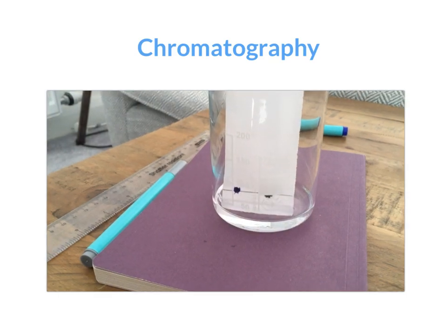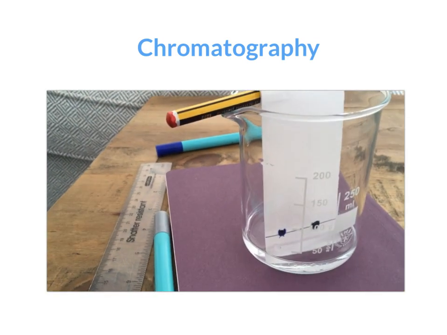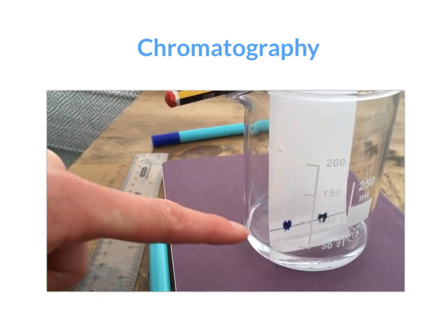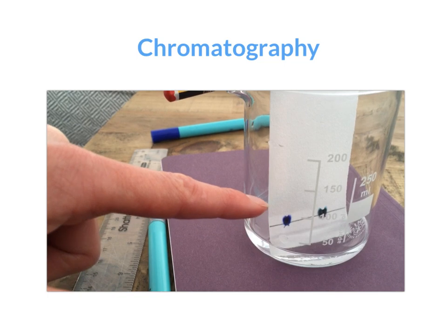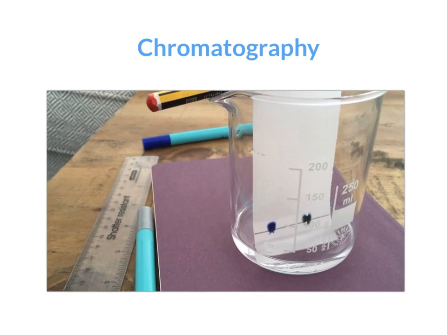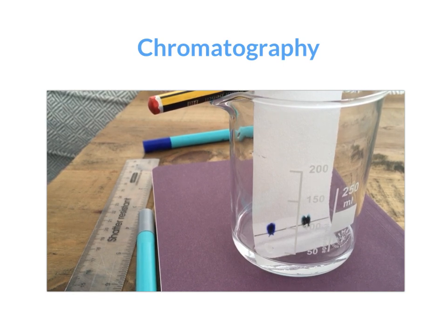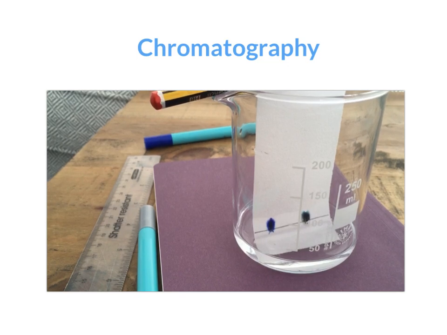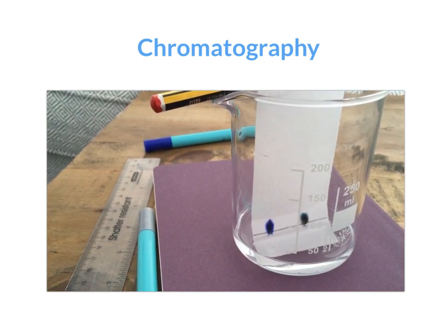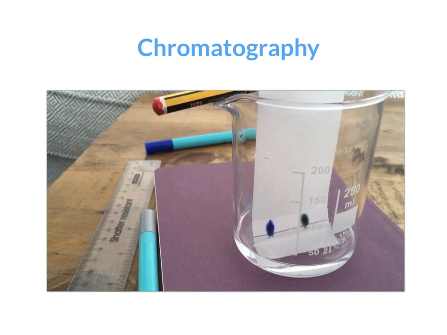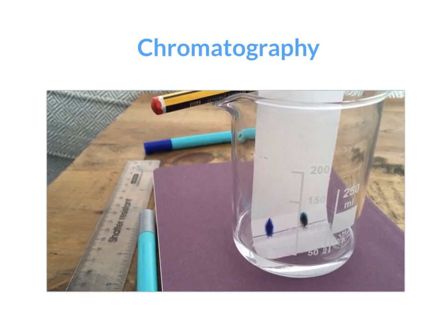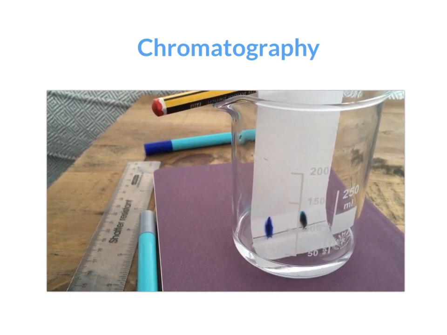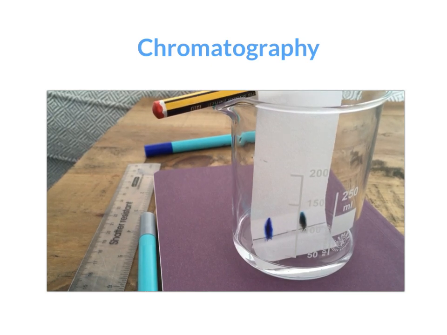Now hopefully you can see this starting to work, and if you look very, very closely at the edge here, you can see the water level starting to rise, and as it rises, the ink of the pen is dissolving in the water, and it is carrying up the page. So you can see gradually the inks of the pen are going to separate out. Now unfortunately with these types of pens we don't tend to see just nice clear cut spots, but you will start to see the colours separate out.